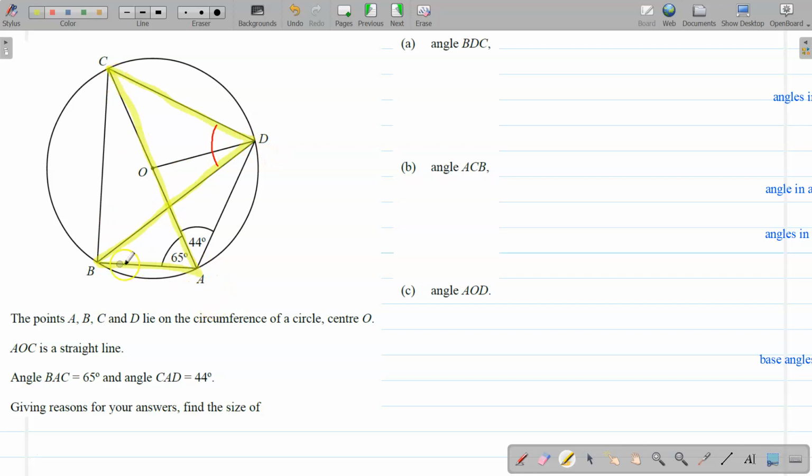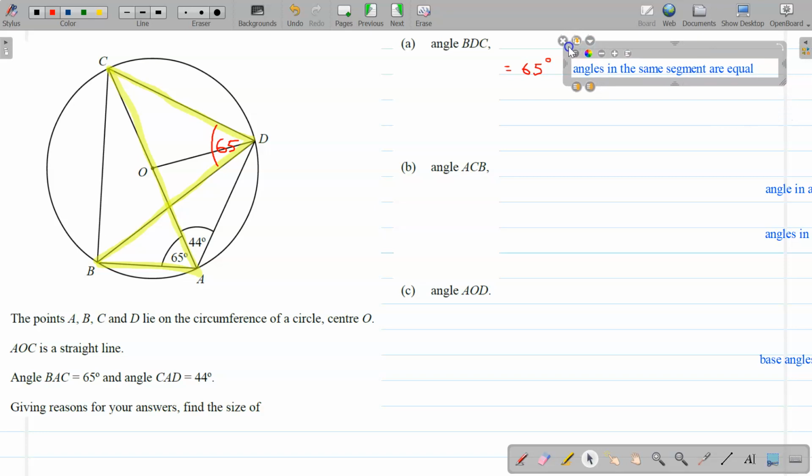So that's 65. So this red angle I've drawn in here is also 65, and the reason they're the same, so I need to just say that equals 65 degrees, because angles in the same segment are equal, and that would easily be missed.